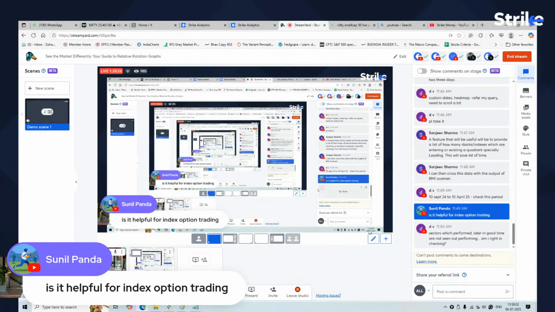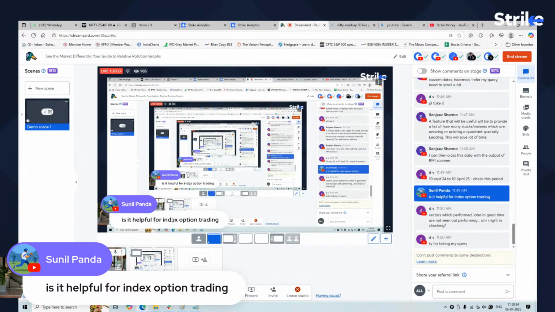Sunil Panda, is this helpful for index option trading? The answer would be no, because your benchmark is only Nifty 50. So at the max, you can compare Bank Nifty with Nifty 50. But as I mentioned, these are all relative performance. Maybe it could work for pair trading, but I don't think RRG would be helpful for index options.